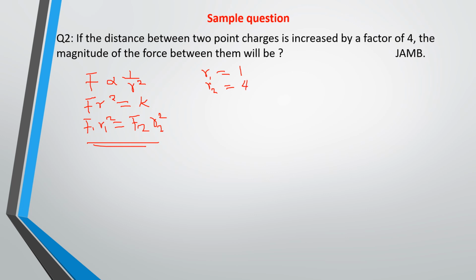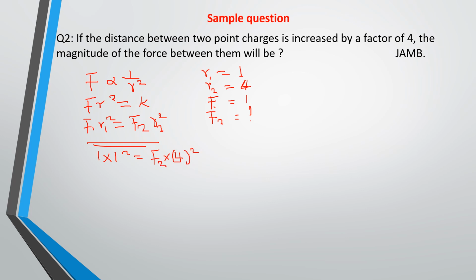So if the distance between 2 point charges is increased by a factor of 4, which means r1 is 1, F1 is 1, then r2 is 4, and F2 we don't know. So if you substitute all this into the equation, you have that 1 times 1 squared is equal to F2 times 4 raised to power 2.